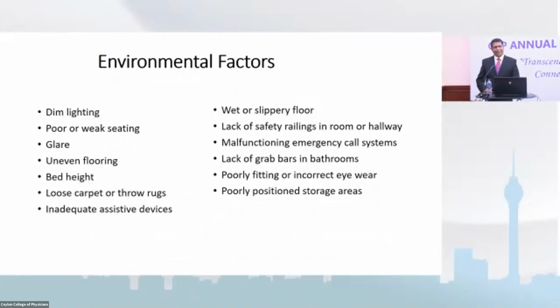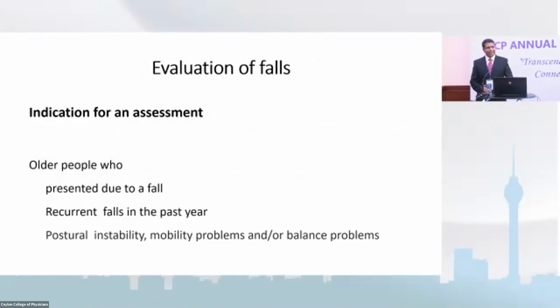For environmental factors, whenever we are assessing the elderly, we have to do a home visit as well as assess the patient at home. Environmental factors include dim light, glare, bed height, carpets, rugs, and wet floors. Those are important environmental factors. So medication can cause falls.